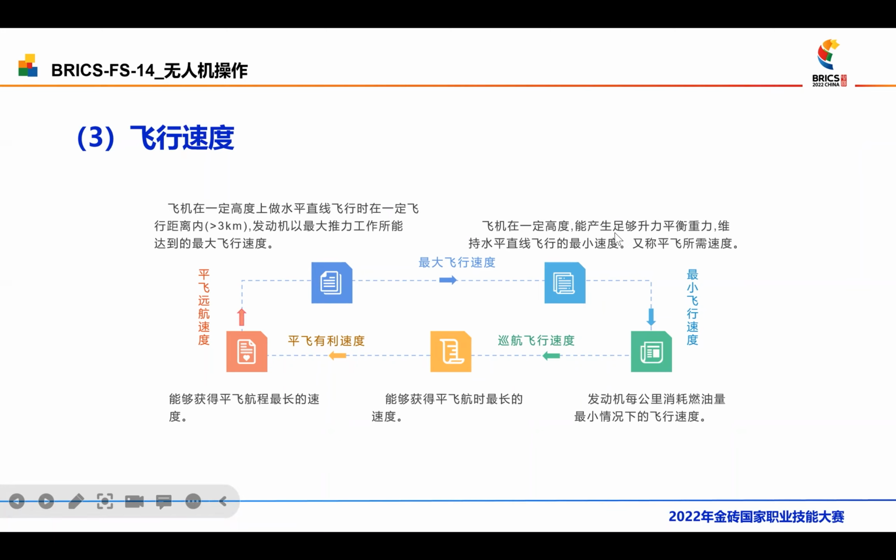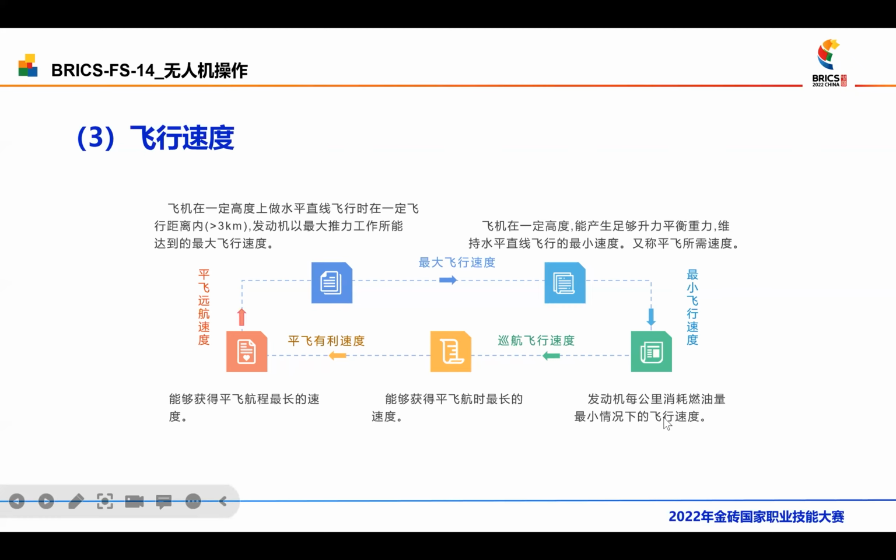Let's have a look at the minimum flying speed. At a certain altitude, the aircraft can generate enough lift to balance gravity and maintain the minimal speed of horizontal straight flight. It is also known as the speed required by the flat fly.